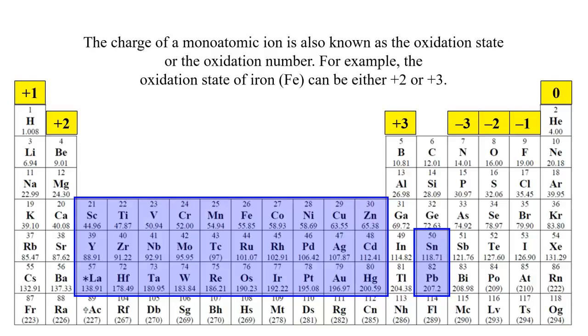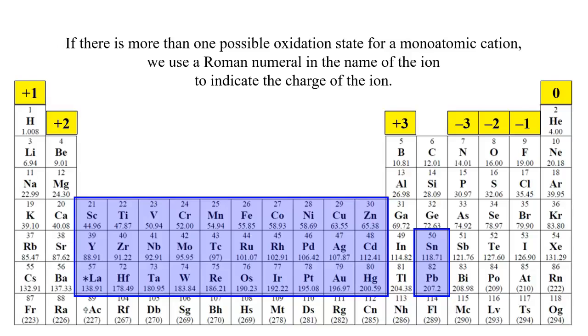The charge of a monoatomic ion is also known as the oxidation state or the oxidation number. For example, the oxidation state of iron, Fe, can be either +2 or +3. And if there is more than one possible oxidation state or charge for a monoatomic cation, we use a Roman numeral in the name of the ion to indicate the charge of the ion. So that may show up in this particular question with respect to adding a Roman numeral when necessary.